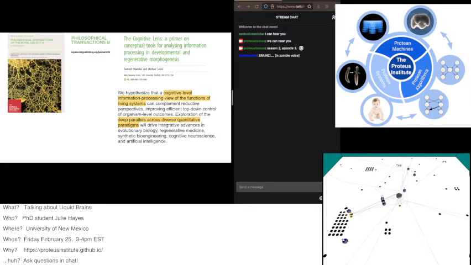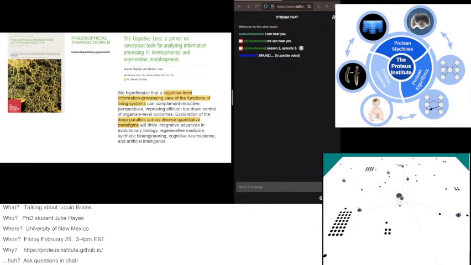This cognitive lens they propose, which I find very useful, I'm just going to take and run with. This cognitive level information processing view of the functions of living systems. This is from their abstract. They get very excited about it and make some sweeping, wonderful claims that I thoroughly agree with.